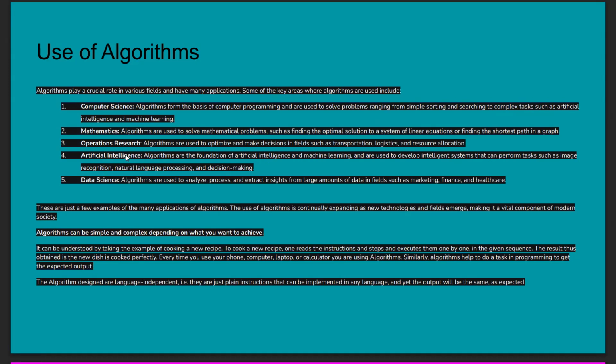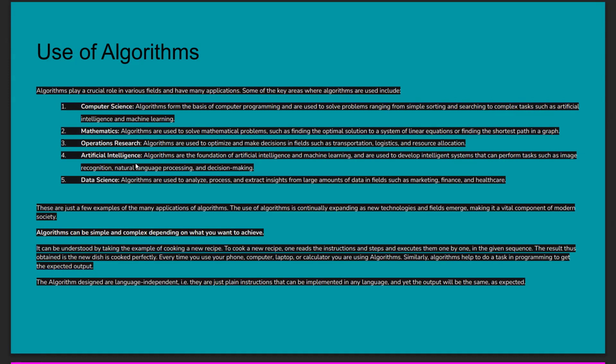So next one, artificial intelligence. We use these algorithms in artificial intelligence because these algorithms are very important, and they are the foundation of artificial intelligence and machine learning. If we want to develop any intelligent system and perform tasks like image recognition, natural language processing, and decision making, we need these algorithms.